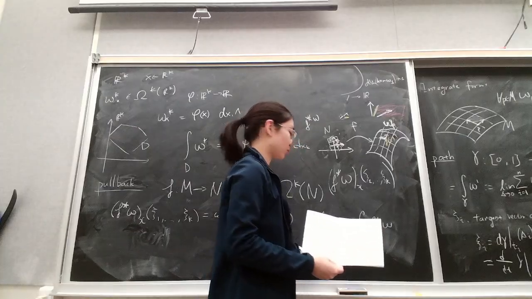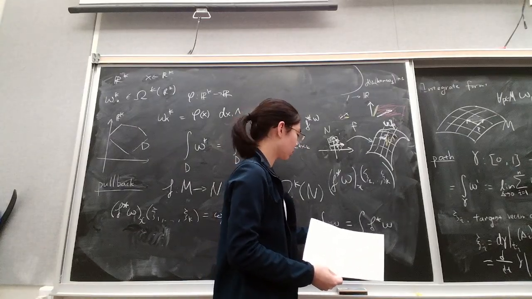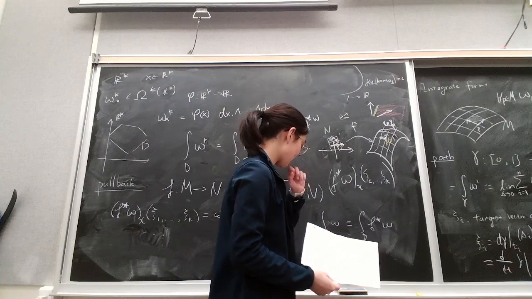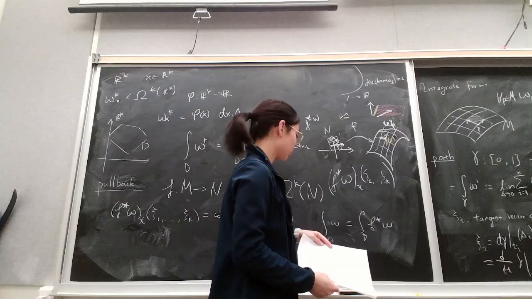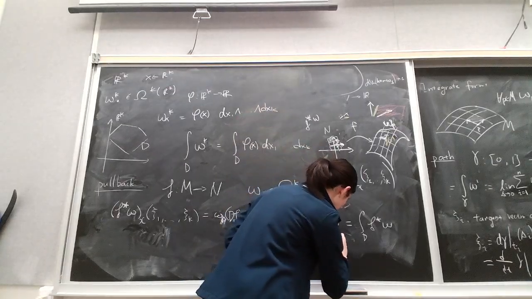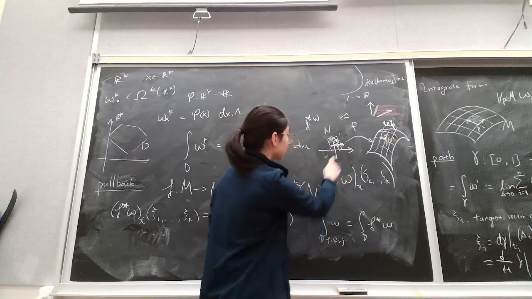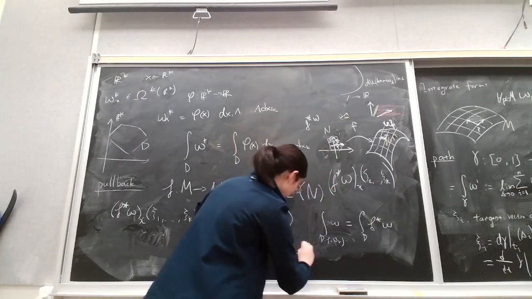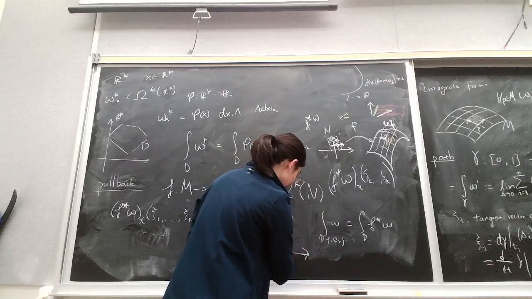I'm not exactly sure what Arnold means by this. What letter is that? Is that a D? D. And this is D comma F. I think you wrote this like D comma F, comma orientation.